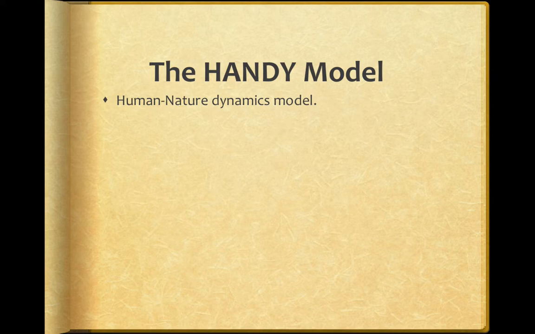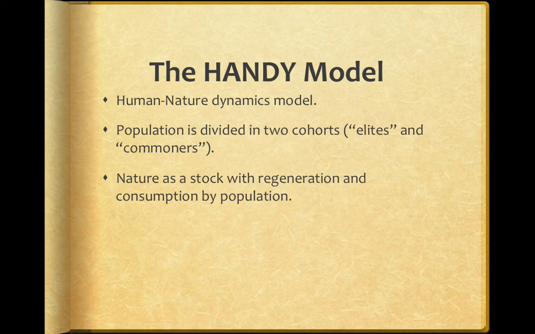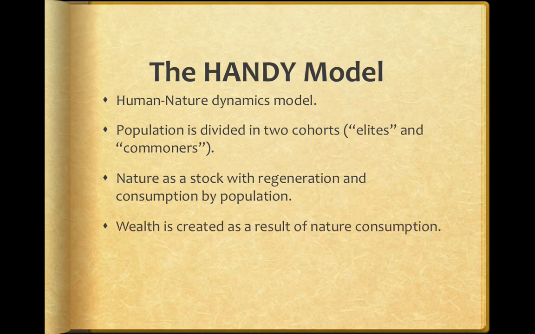Let's talk a little bit about the HANDY model. First, as we said, it's a human nature dynamics model where population is divided into two cohorts, elites and commoners, and we'll explain the differences between these two. Nature is also a stock that has regeneration and consumption by population, and we'll look into this mechanism.